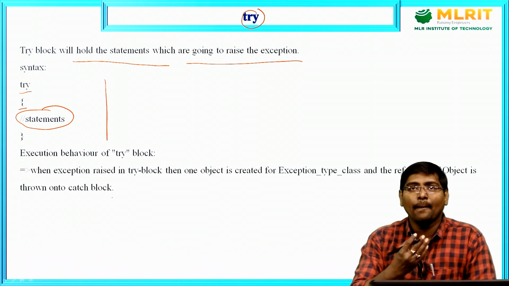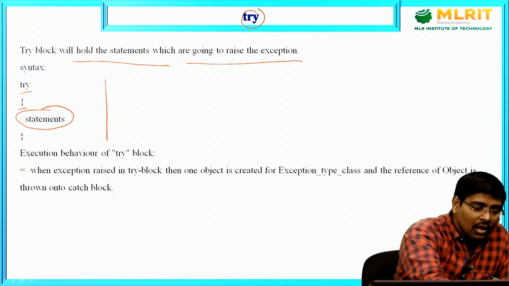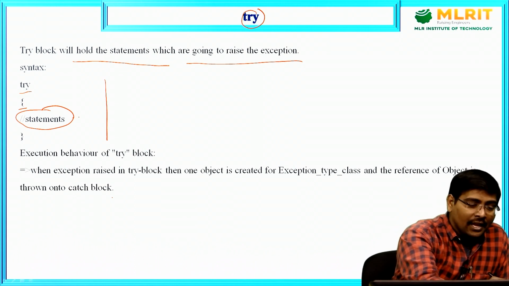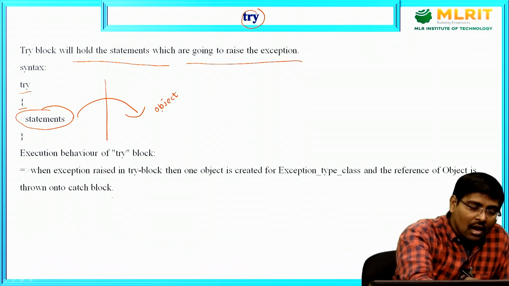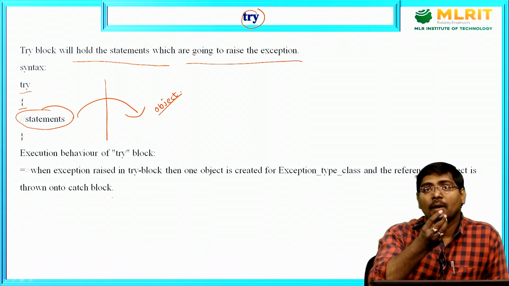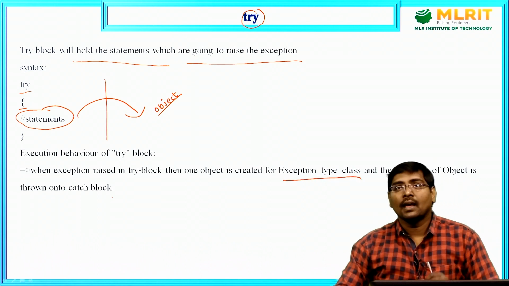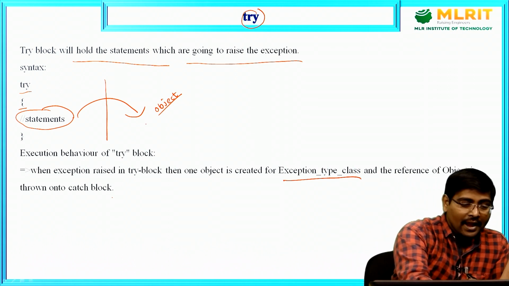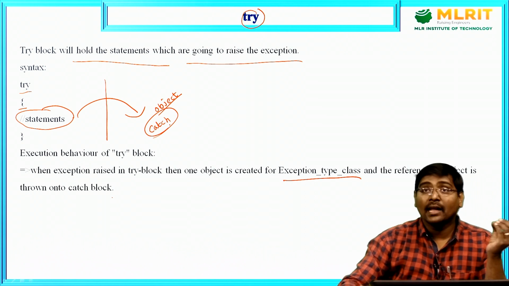Remember, within the try block, whenever an exception is generated, it creates an object of the type of exception. For that type class, an exception object is generated and that object is thrown to the catch block.